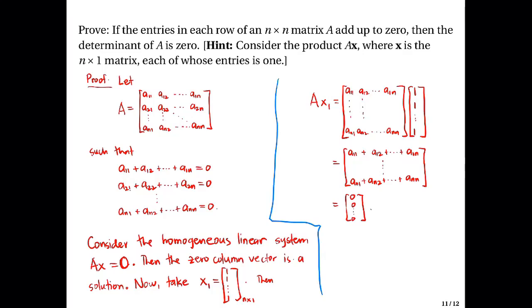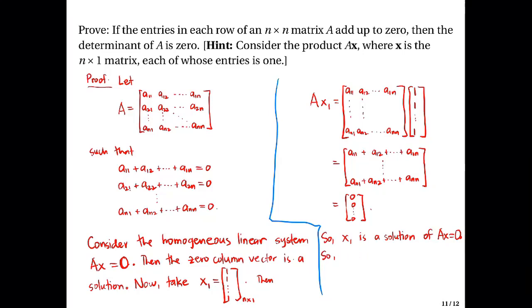So what does this mean? X sub 1 is also a solution of this system. So x sub 1 is a solution of AX equals 0. Now you got two solutions, your x sub 1 and the trivial vector. So the system has at least two solutions.